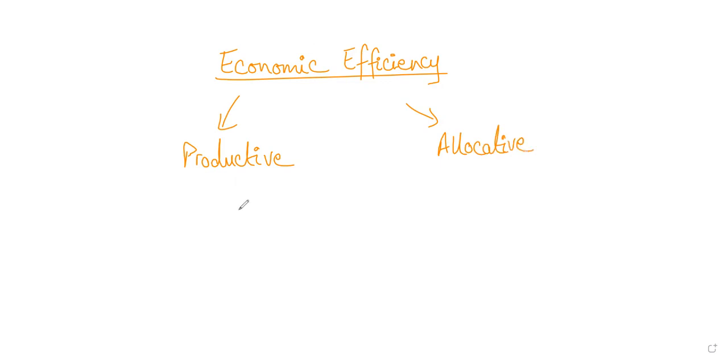After we said that, we defined both productive efficiency and allocative efficiency. We looked at the graphs, we discussed what conditions need to hold true for productive efficiency to exist, and similarly looked at graphs to discuss what ensures that allocative efficiency will exist.